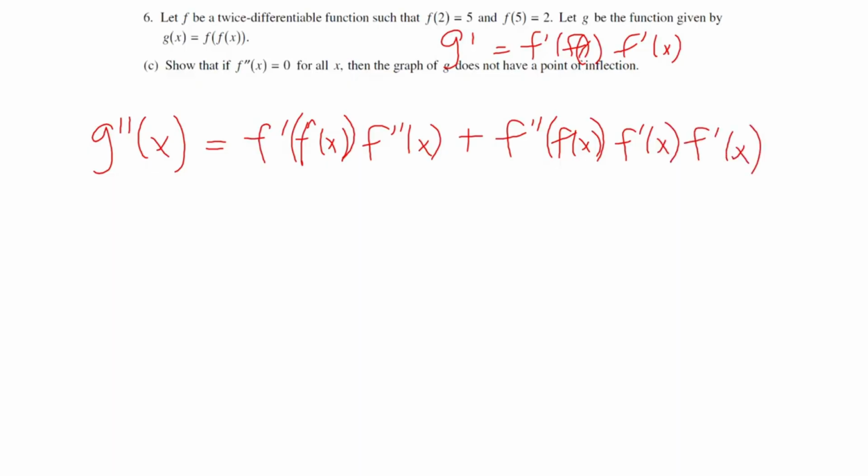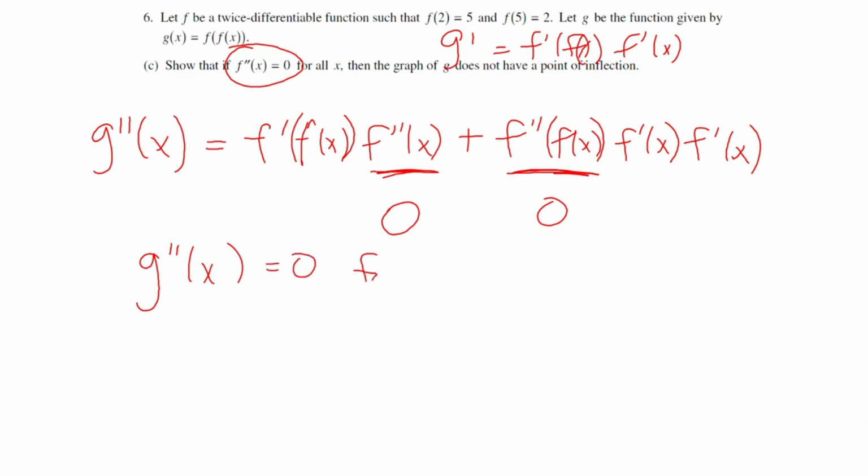Well, we know that f double prime for any value is equal to 0, which means that for any x value that I plug in here, this is going to equal 0, and this is going to equal 0, because f of x is just some number, and then f double prime of that has to be 0. So that tells us that g double prime of x must also equal 0 for all x.